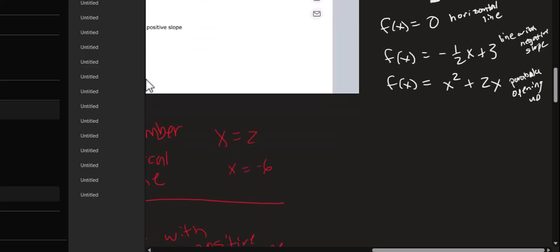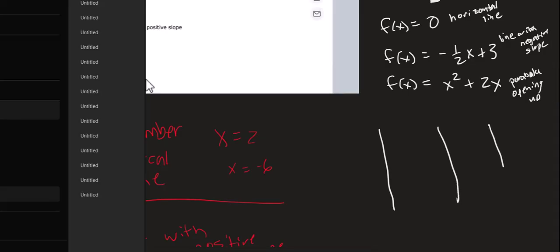Here's a little chart for you to remember. No x at all, x but no x squared, and an x squared.